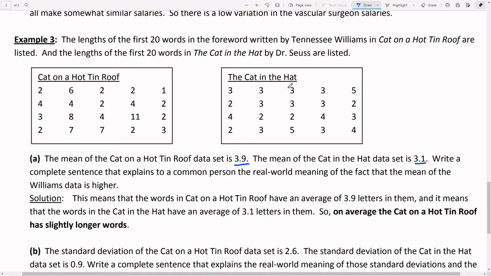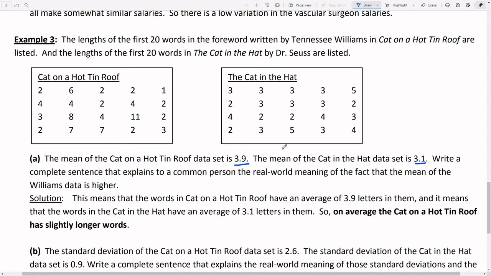Cat in the Hat, on the other hand, has an average that's about 3, a little over 3. So, okay, yep. Cat and Hat. Look at that. Those both have 3 in it. Okay, I get it. So, the only other piece that's useful here, though, is noticing the difference. 3.9, 3.1.